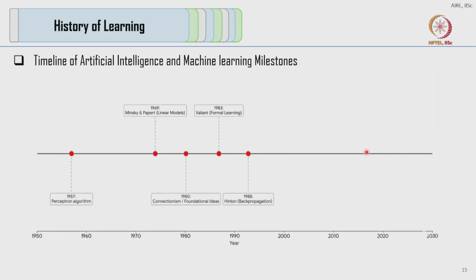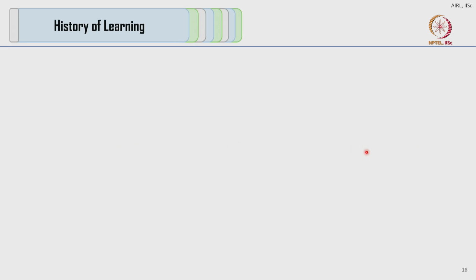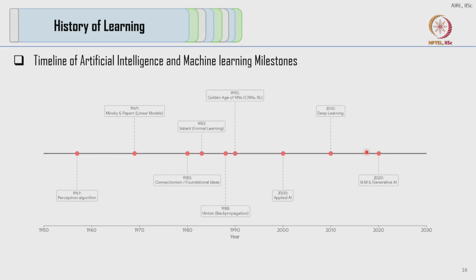If you see further from there, backpropagation came in 1988, which changed the use of neural networks for various tasks like classification and approximation. In 2000, quite a lot of applied AI came into picture. People started using artificial neural networks for various problems like health monitoring, compression, confinement, concrete strength prediction, structural health monitoring.